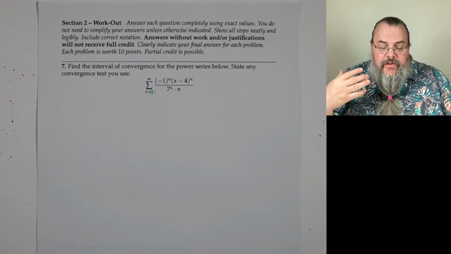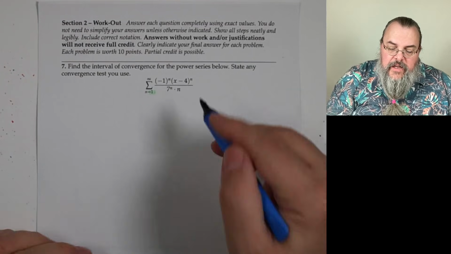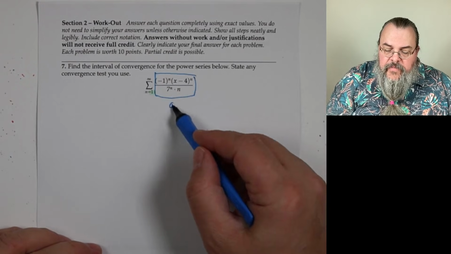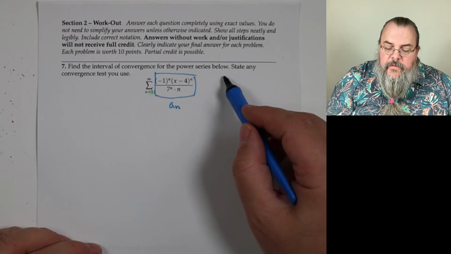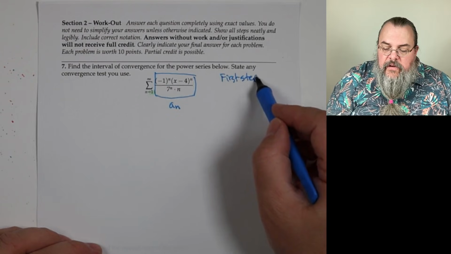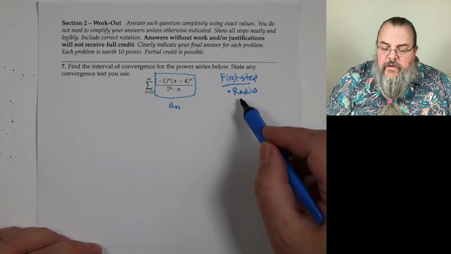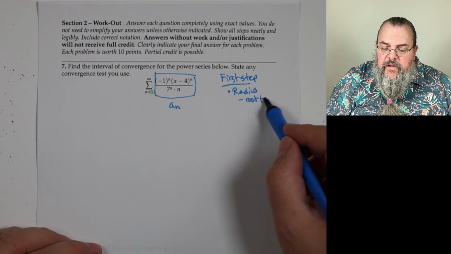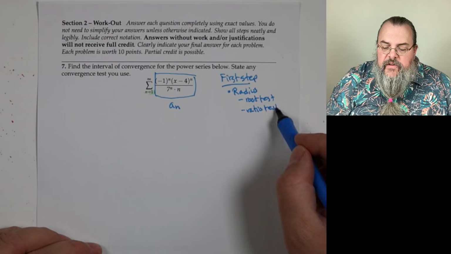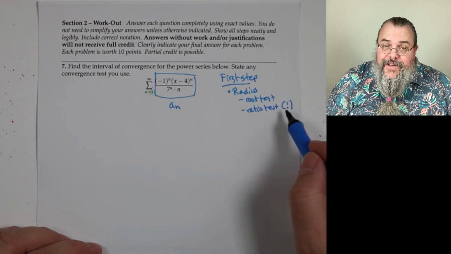And we're always going to start the same way. So we're going to look at it and say, this is our typical a sub n. And so the first step is we're going to find the radius. And how do you find the radius? Well, you can either do a root test or a ratio test. And here's the very simple thing. If you see a factorial, it's a ratio test.